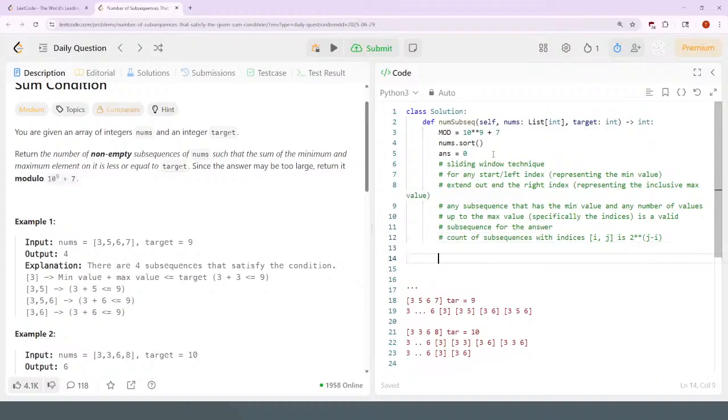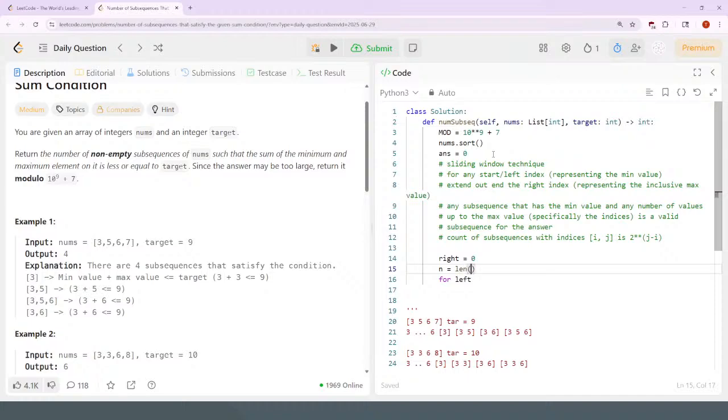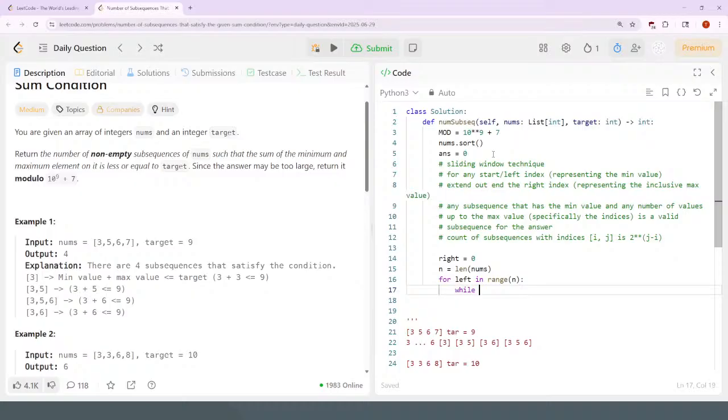Okay, so let's say for every left index, actually I'm going to start with saying the right index is going to be 0, and I'll have n as the length, the number of indices. For every left index in the range of n, I'll say while right is less than n and nums at left plus nums at right is less than or equal to target.